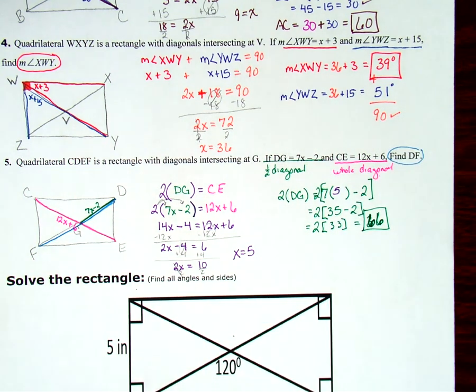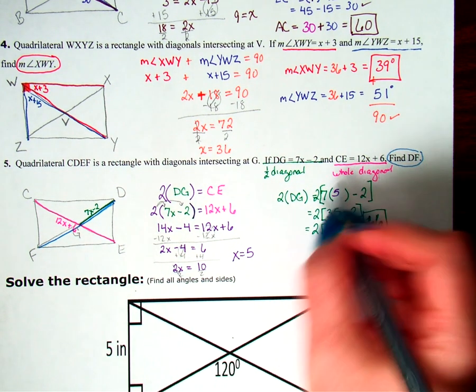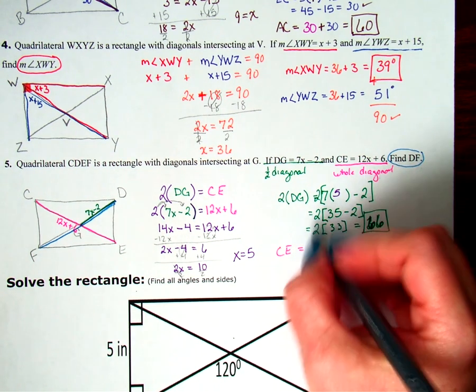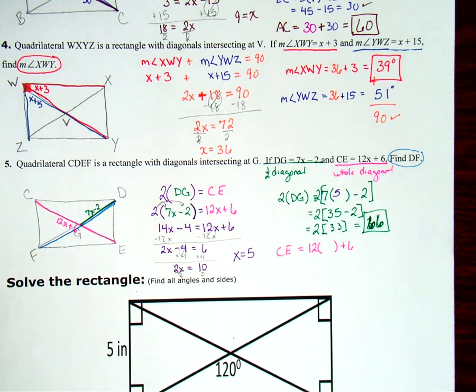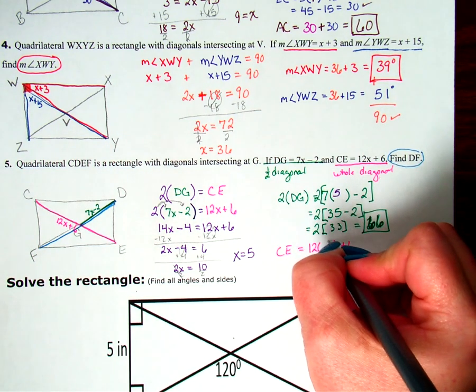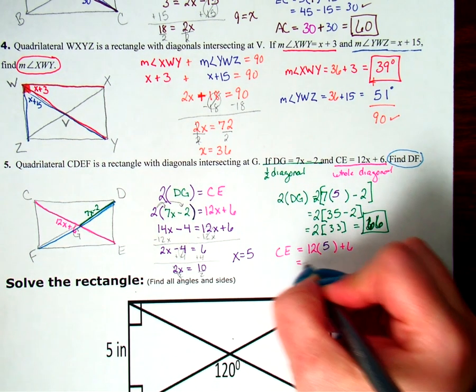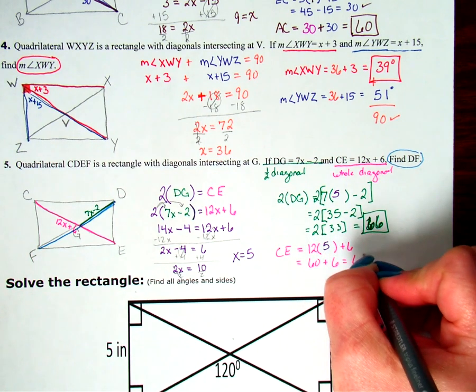Let's see if we get the same thing when we do the pink diagonal. Okay, so when I look at my pink diagonal, CE is going to be 12 times x plus 6. X is 5. 12 times 5 is 60 plus 6 is also 66.